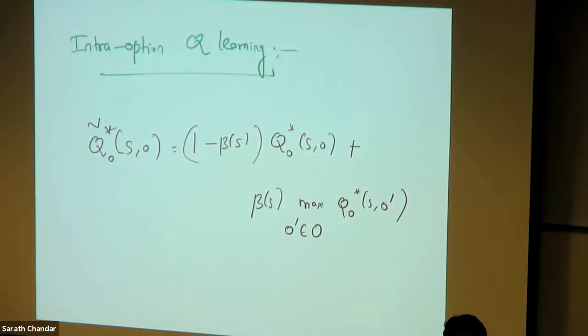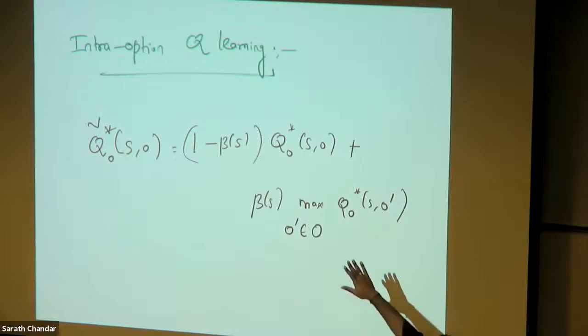If I have an option which is 10 time steps, I can learn at every time step by asking: what if I stopped in the first time step and took some other option? How will my Q-Learning updates be? What if I stopped in the second time step and took another option? So from just this one option, I'm trying to generate as many experiences as possible, so it's much more efficient in learning.